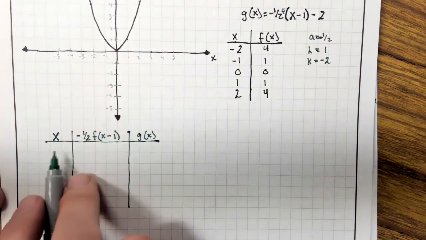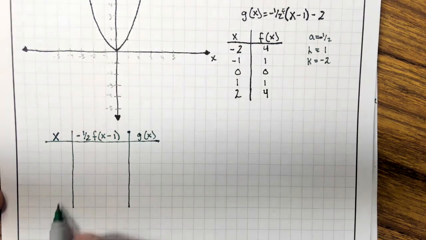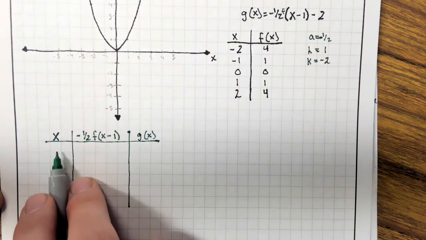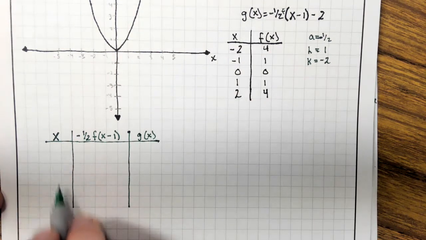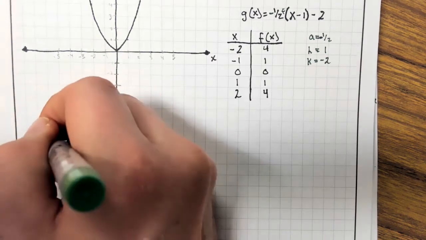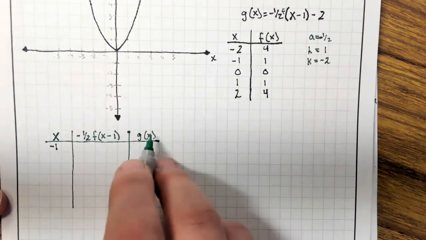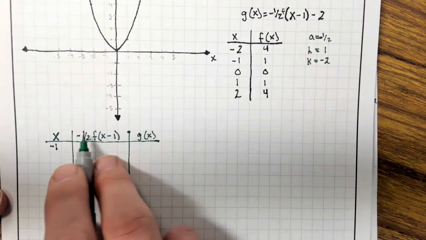Okay, so the x values might not be as clear right now, but I'm actually going to start with -1. When I plug in -1 into this function rule, let's see what happens.